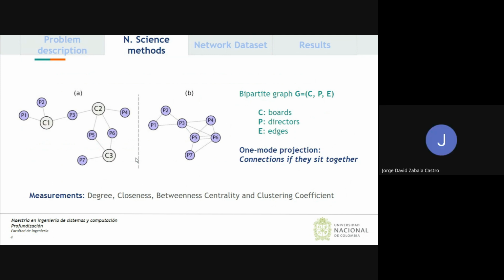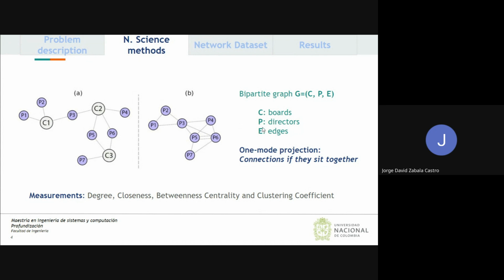The approach these authors chose was the construction of a bipartite graph in which the edges link the directors and the boards. You can see on the left that C represents the boards and P the directors or persons.